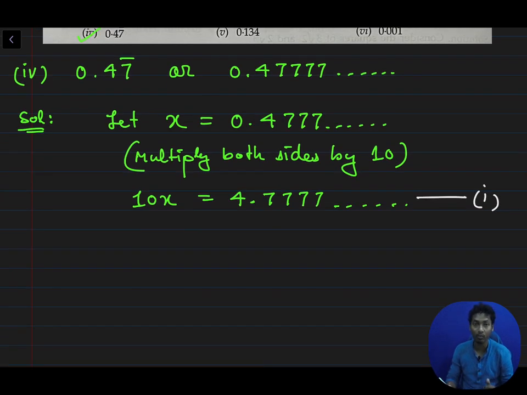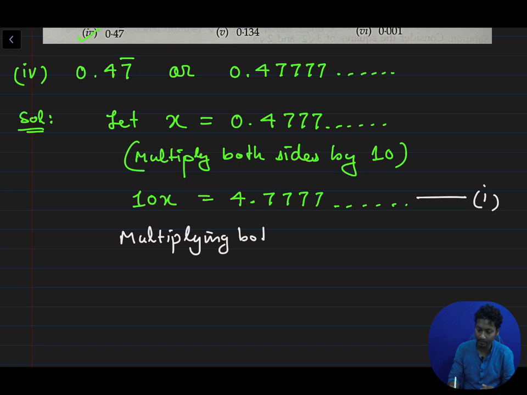In the second equation, what are we going to see? What is the repeating digit, whether it is a 1 digit or a 2 digit. So here we see 7 is repeating, so it's a 1 repeating digit. So it means to bring it this side of the decimal, we need to multiply by what? 10. So again we'll write multiplying both sides by 10.